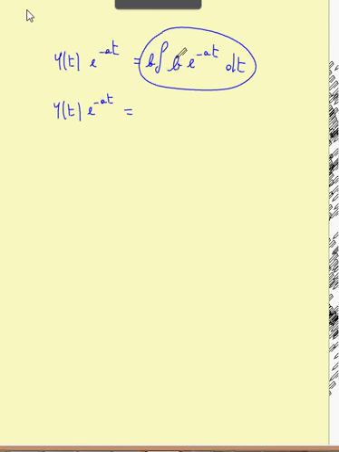I can put outside the integral the denominator minus a, so we get minus b over a integral of e to the power of minus at, which multiplies minus a, in dt, because our aim was to obtain this function.